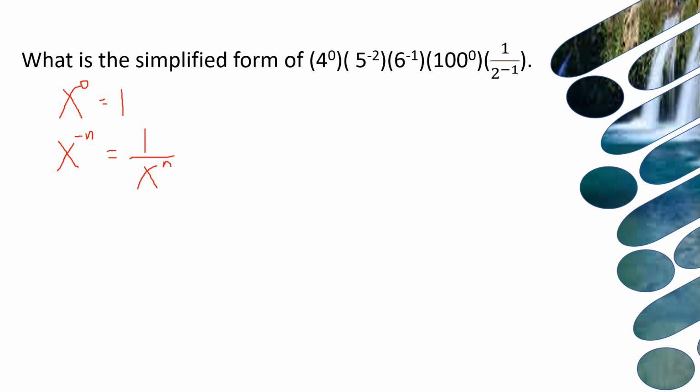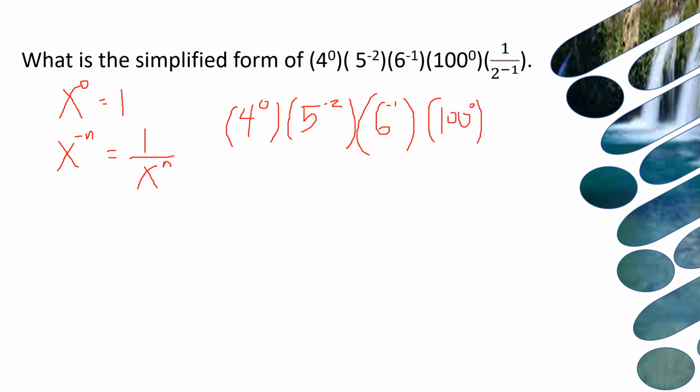So using these concepts, we could simplify 4 raised to 0 multiplied by 5 raised to negative 2 times 6 raised to negative 1 times 100 raised to 0 times 1 over 2 raised to negative 1.